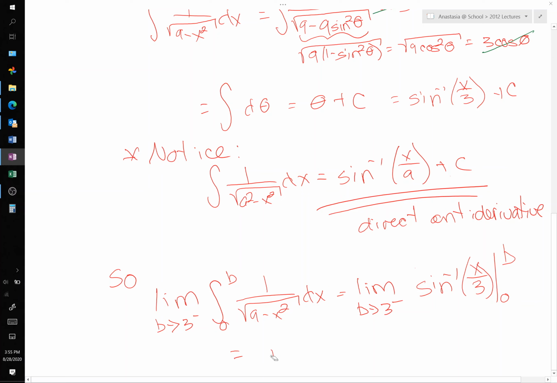Plugging in our bounds, we have the limit as b approaches 3 from the left of the inverse sine of b over 3 minus the inverse sine of 0.